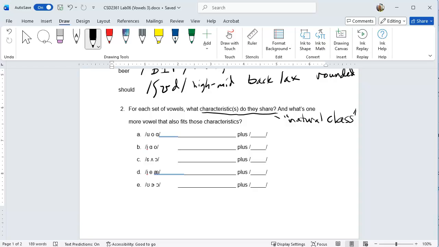Okay, so the task here is if we have oo and o and ah, what characteristics do those sounds share? Well, thinking about our chart, one thing they all have is being back. And another thing they all have, actually, because we have words like su and so and, oops, I guess sa is not a word, but la, fa.